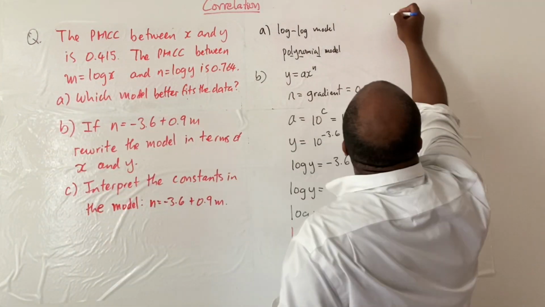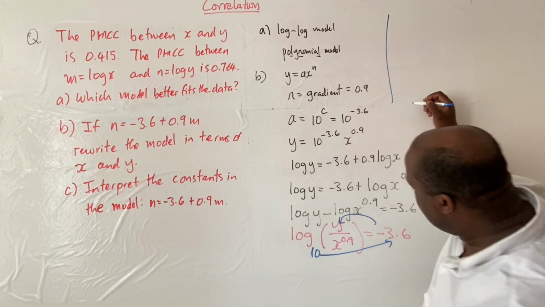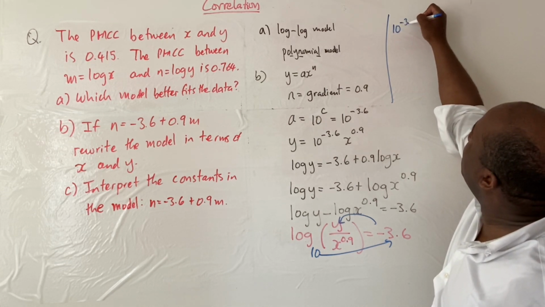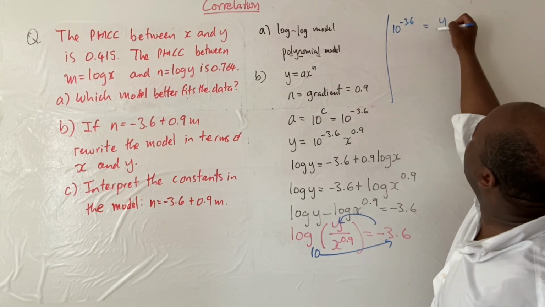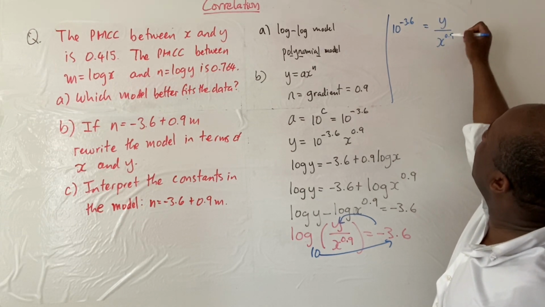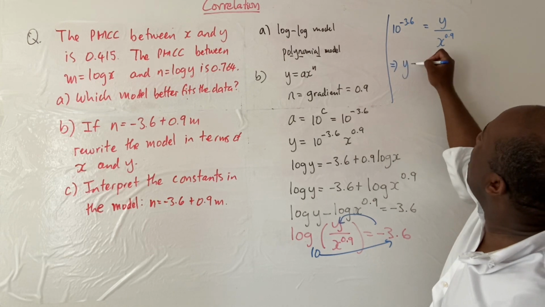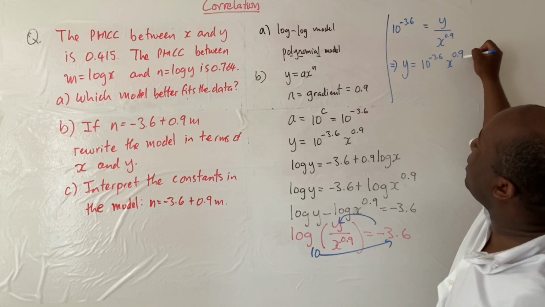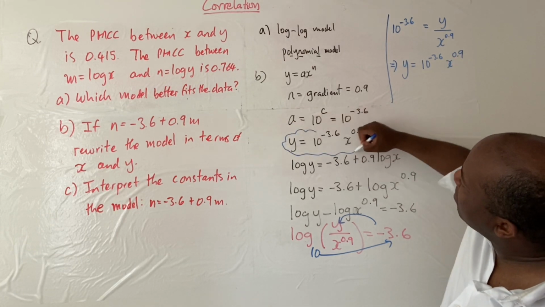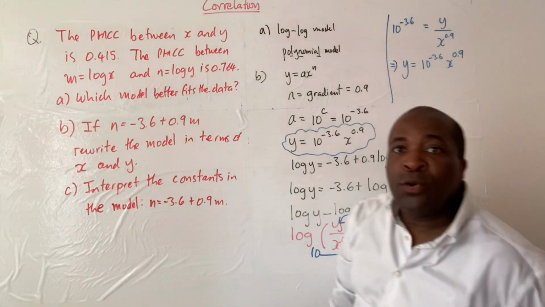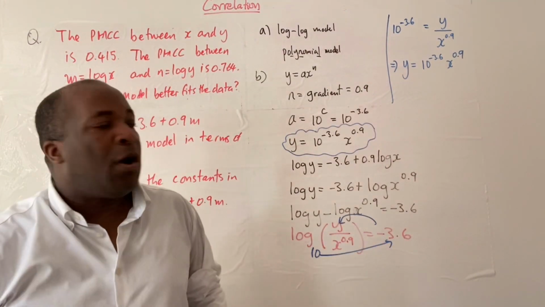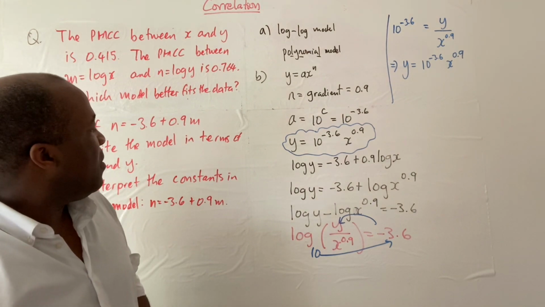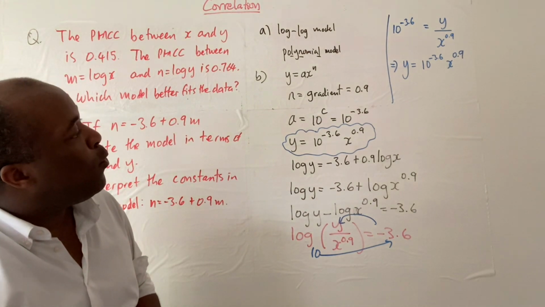So here, I would have 10 to the minus 3.6 equals y over x to the 0.9. So this implies that y is equal to 10 to the minus 3.6 x to the 0.9. All right, so that accords with the result that I had gotten before. So whichever approach you are most comfortable with, then definitely have a go at that.